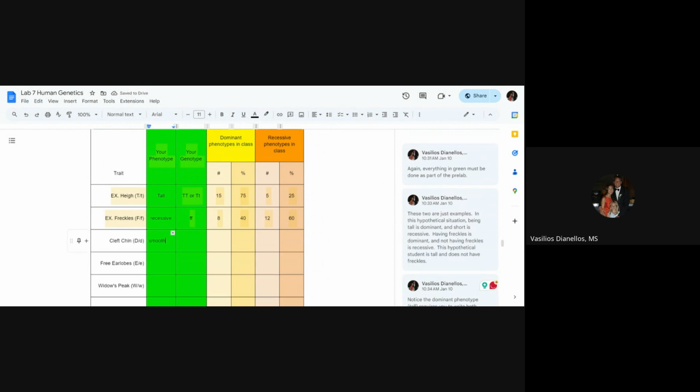So you have the recessive phenotype, right? Because cleft chin is the dominant. So in order to have any recessive phenotype, that means you have to have two recessive versions of the gene, two recessive alleles. Does that make sense? Yes. Okay. You have two alleles, one from your mom, one from your dad.